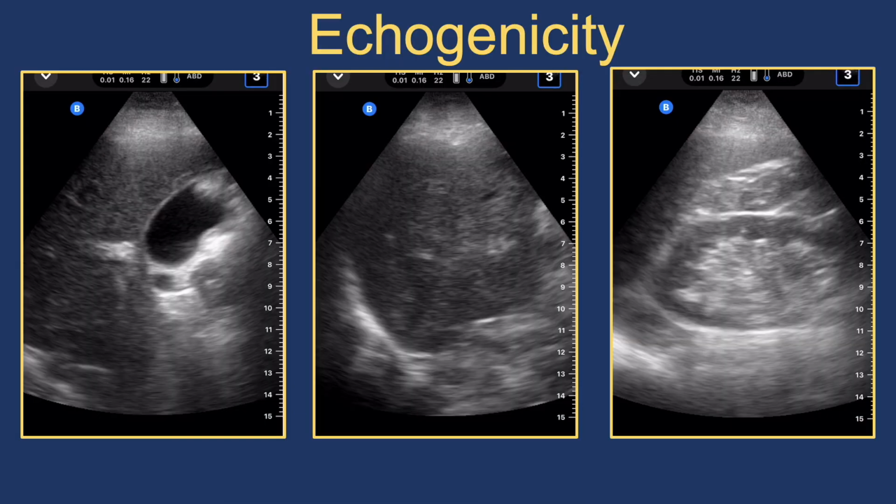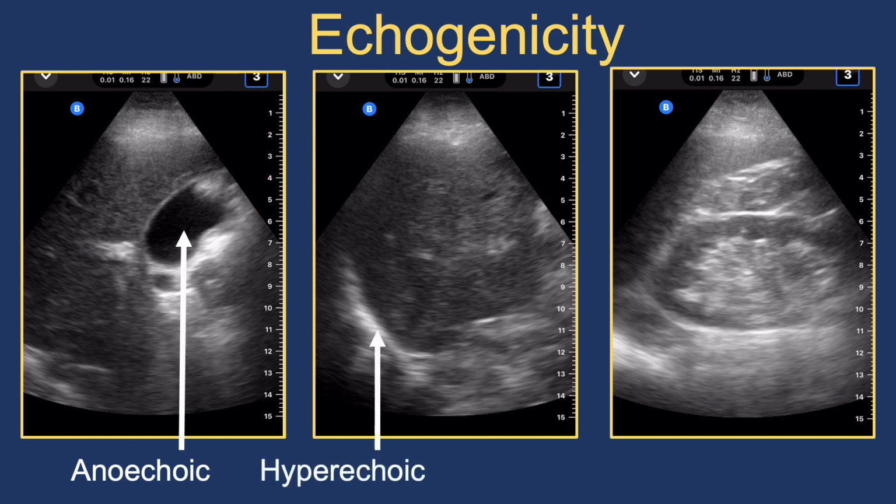Finally, the last vocabulary is describing our image. When you see black, it's considered anechoic, and that's usually due to fluid. However, on the opposite side of the spectrum, when it's very bright, it's called hyperechoic. Here you'll see the diaphragm is brighter than the area around it.